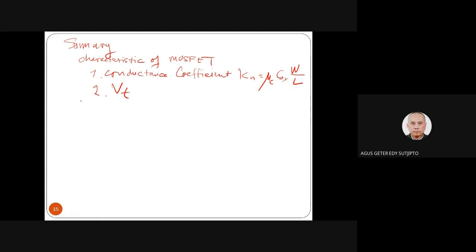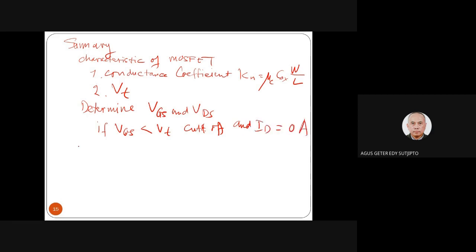By determining VGS and VDS: if VGS is less than VT, the threshold voltage, we have cutoff, and ID equals 0 amperes. Otherwise, the overdrive voltage equals VGS minus VT, or greater.